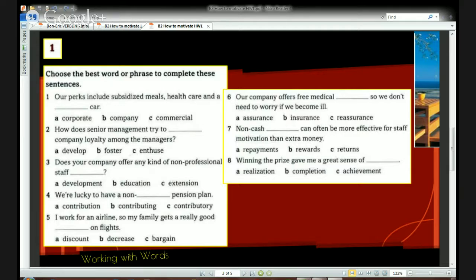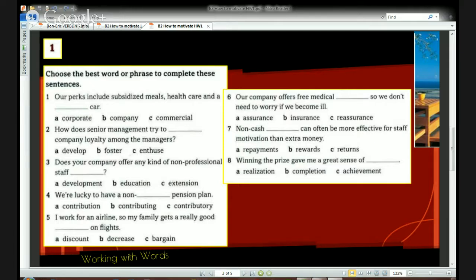Perquisite means an incidental benefit for certain types of employment. I have literally never heard it in my life, and I've been teaching business English for 10 years.